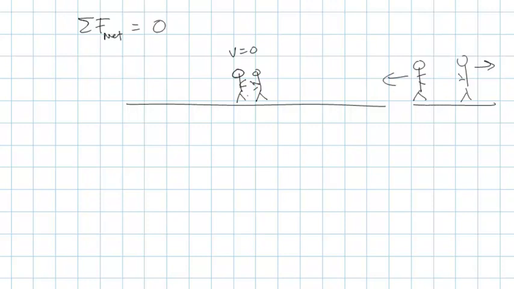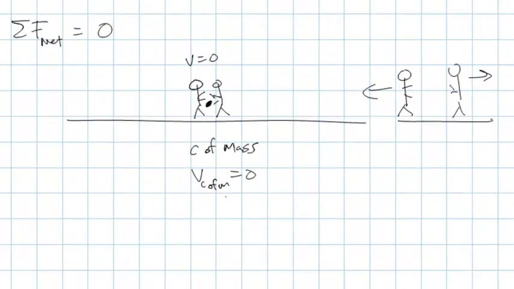Initially, nothing was moving in this system. The system was stationary. The center of mass of the system is located right here, and it was not moving. And if no external force acts on the system, the center of mass can never move. It has to always be located at that spot.